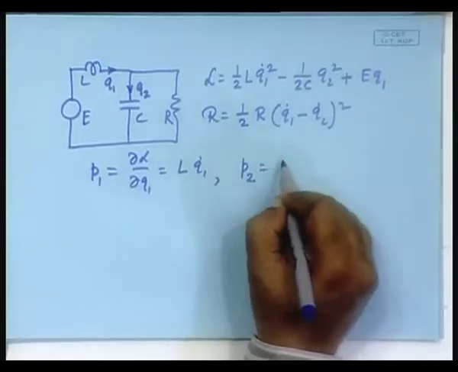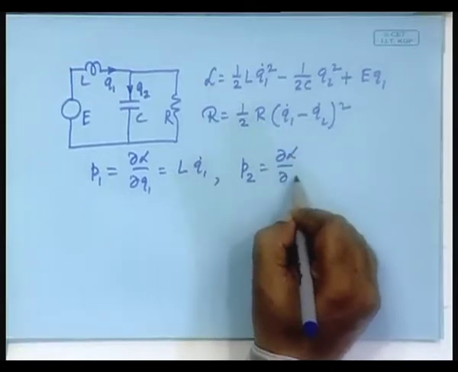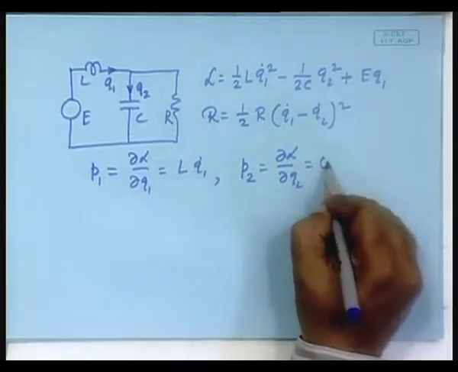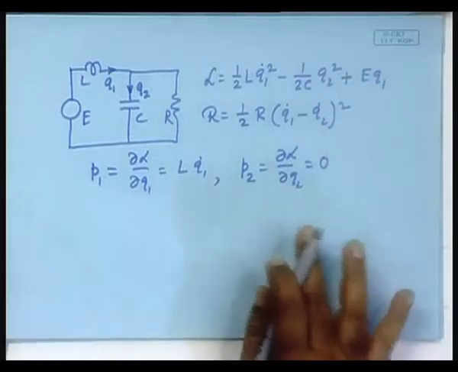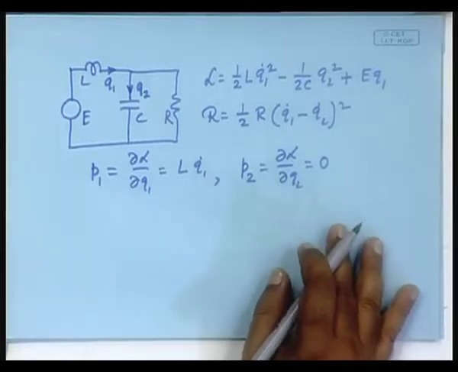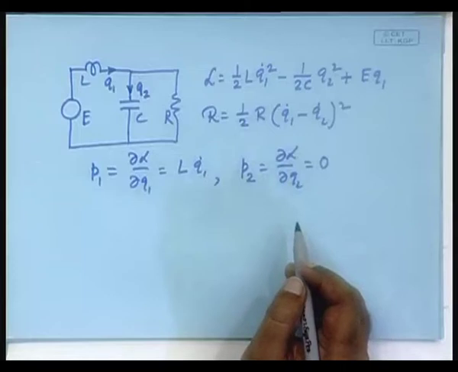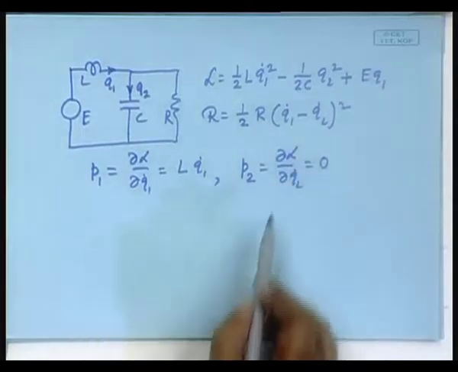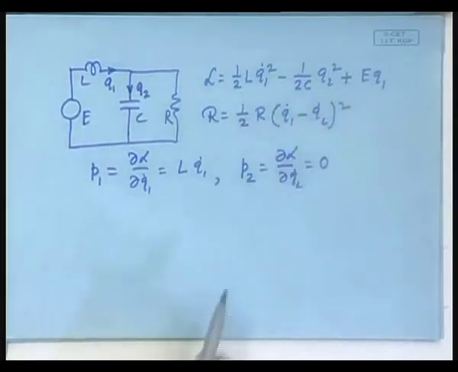P2 will be the derivative of the Lagrangian with respect to q2 dot, which is 0, because q2 dot does not appear in this equation.